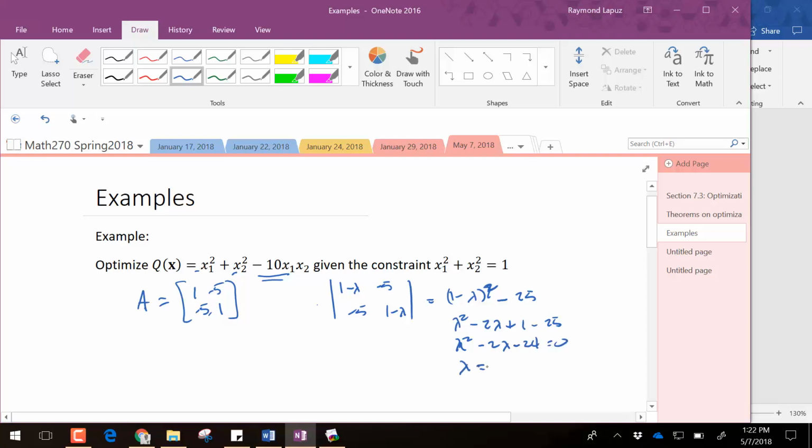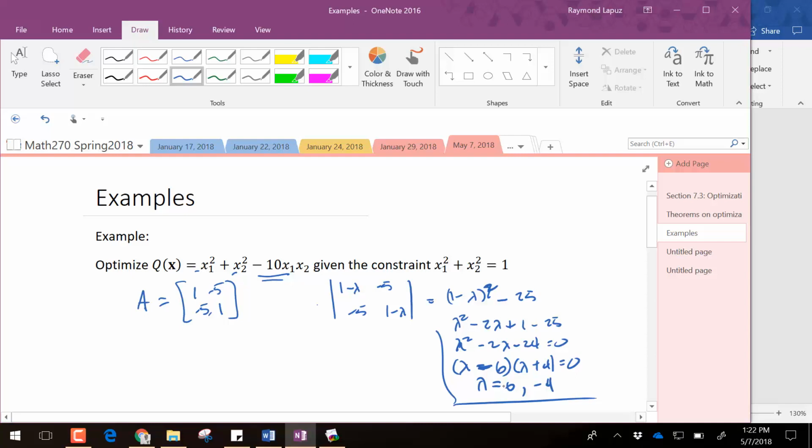So lambda minus 6 and lambda plus 4. So lambda gives us 6 and negative 4. This is how we get rid of our cross product terms. But these are your eigenvalues. I always get mixed up with eigenvalues and eigenvectors.